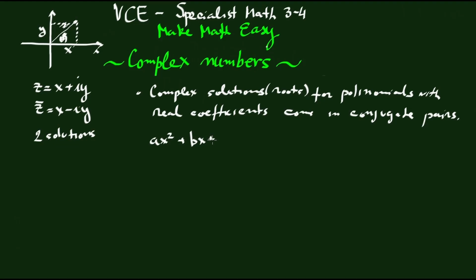So ax squared plus bx plus c, therefore, can be written as a times x minus, say we call it alpha, times x minus alpha conjugate.